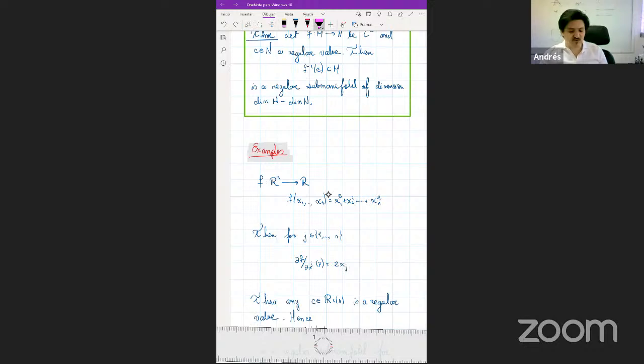So we have no critical points. The only critical point of this function is the 0 vector. And that point is mapped to 0. That's why we're removing 0, and any other value is going to be a regular value.